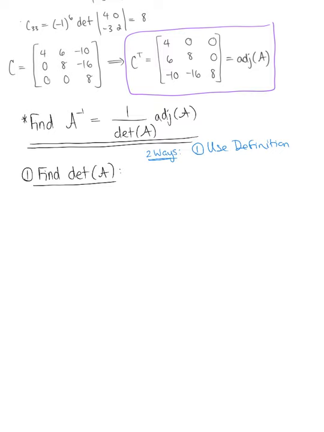So the alternative that I want to introduce to you is as follows. We could also find the determinant of A by computing the following product.